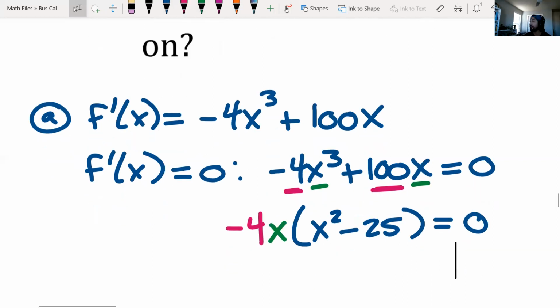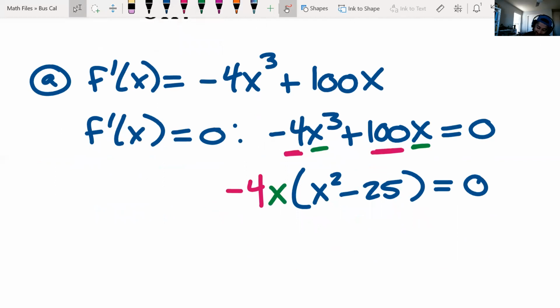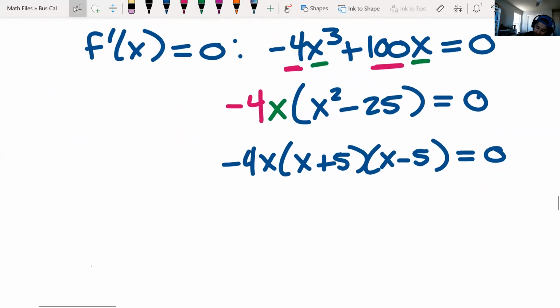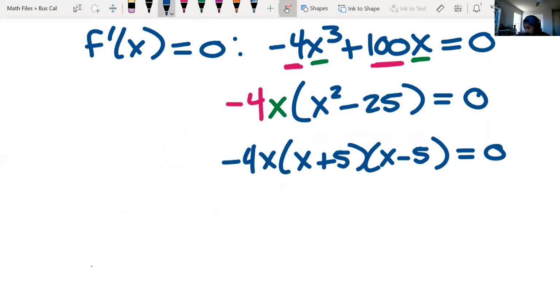Okay. Can we factor more? Yes. We see that x squared minus 25 is a difference of squares. What will that factor to? X plus 5 and x minus 5. There you go. Now, set all 3 terms equal to 0 and solve for x.